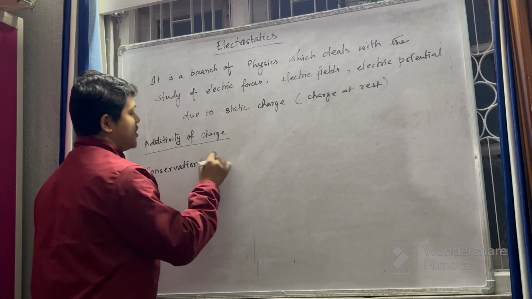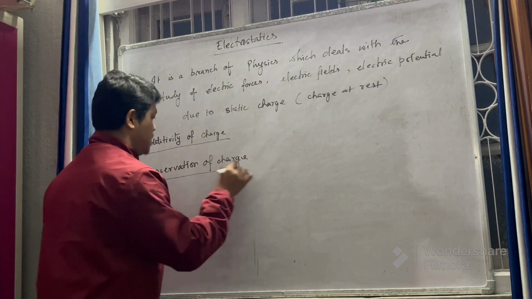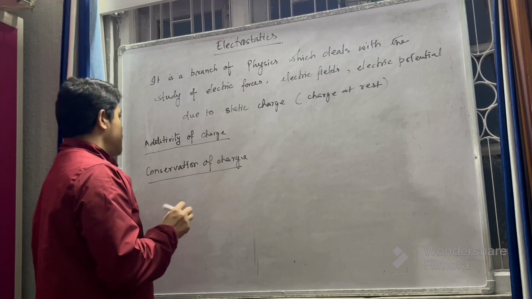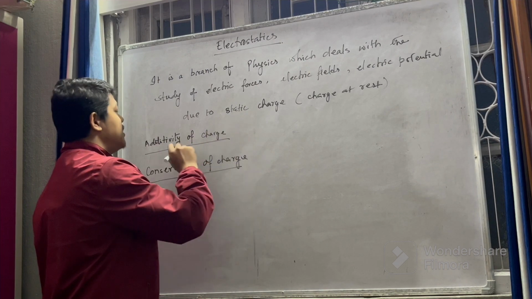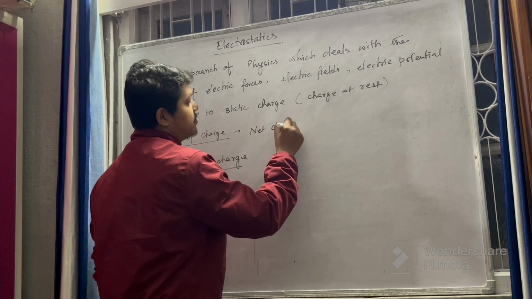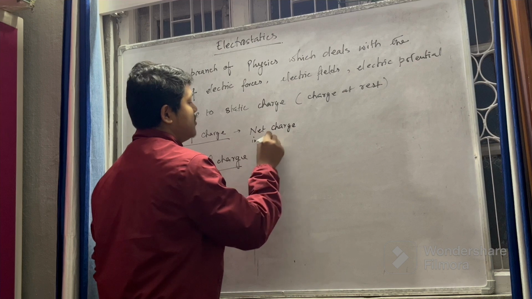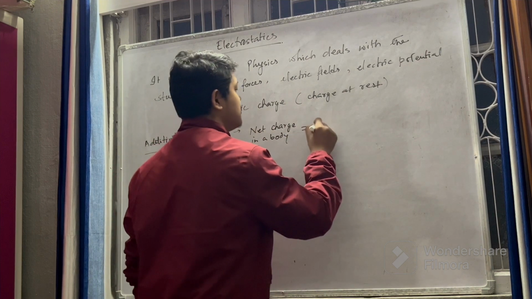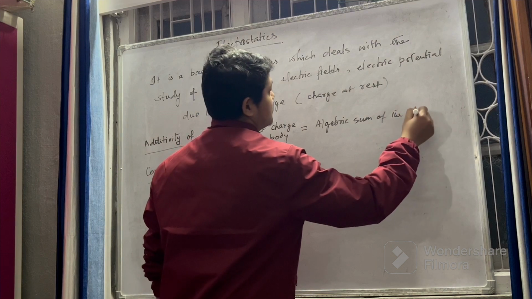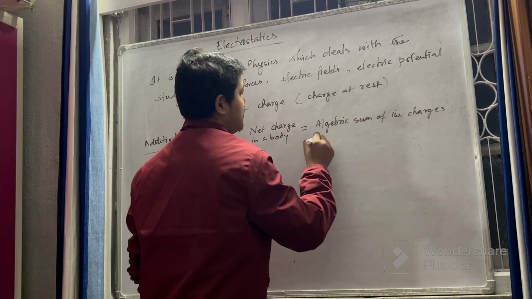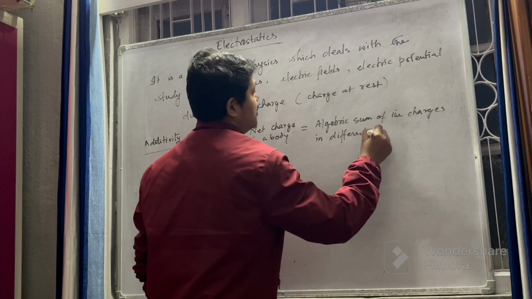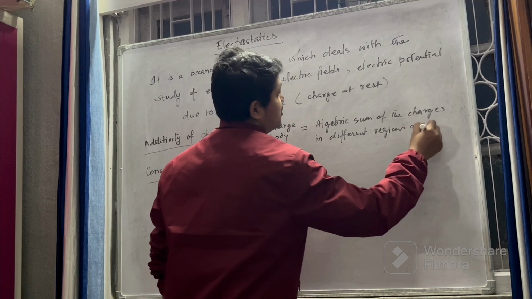From additivity of charge, according to this property, net charge in a body is equal to the algebraic sum of the charges in different regions of the body.